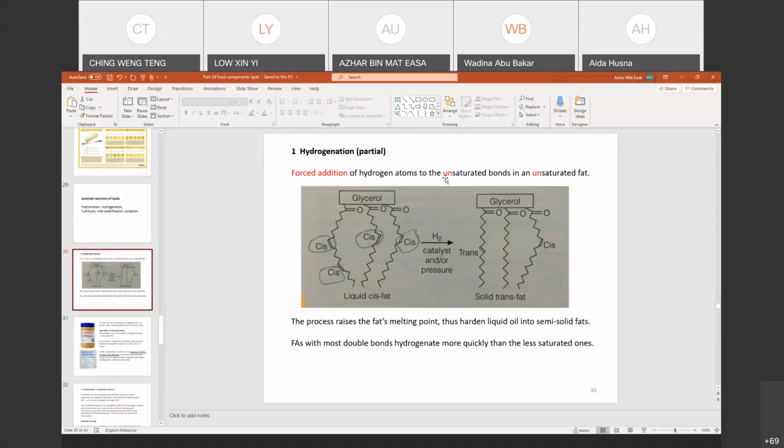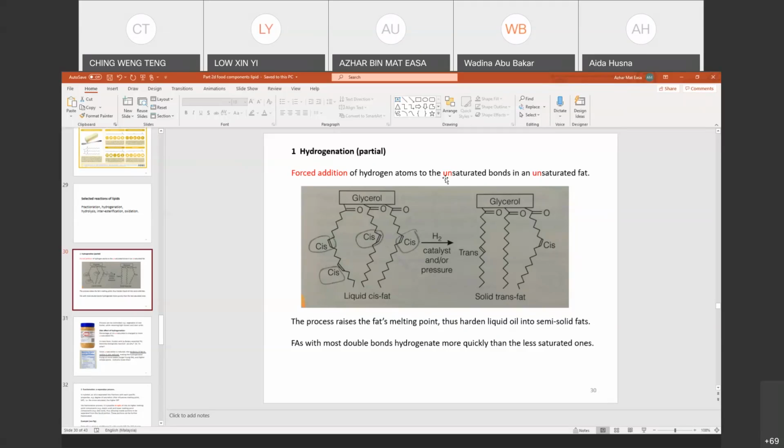See, in industry, you are going to join the industry. What you do, you force the addition of hydrogen atoms to the unsaturated bonds in unsaturated fat, i.e. you change from the liquid cis fat into solid trans fat.